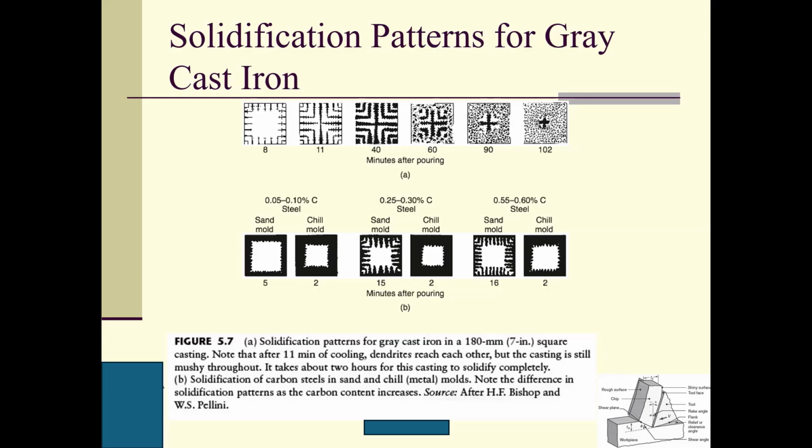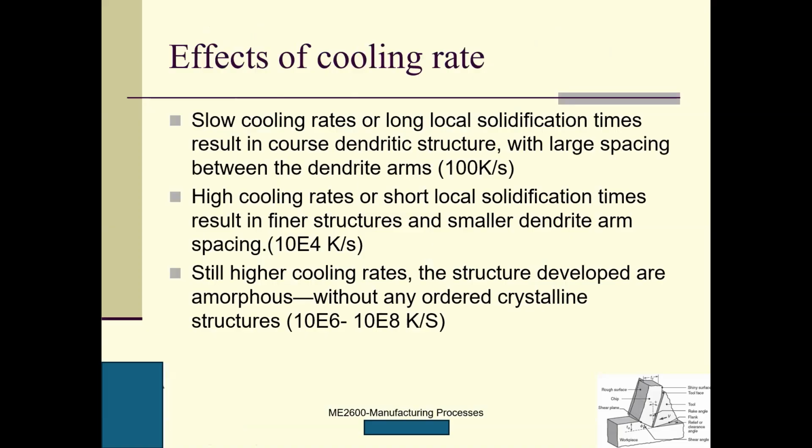Also, definitely different materials will give us different patterns. For example, this is a green cast iron, and this is steel. The cooling rate, as I said, plays a very, very important role.